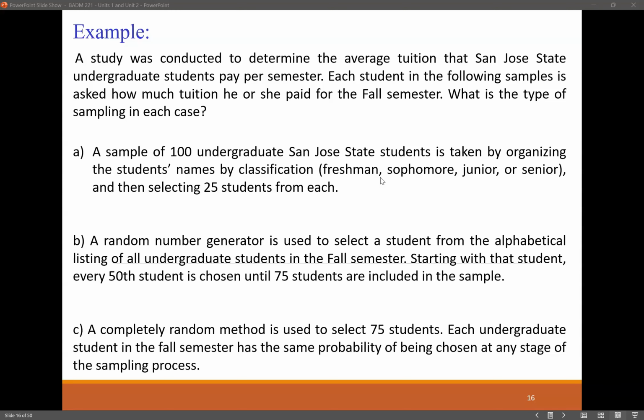What is the type of sampling in each case? The first one: a sample of 100 undergraduate San Jose State students is taken by organizing the students' names by classification, freshman, sophomore, junior, or senior, and then selecting 25 students from each. Think about it, what is the type of sampling here?